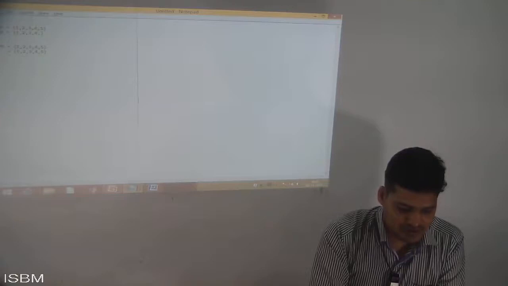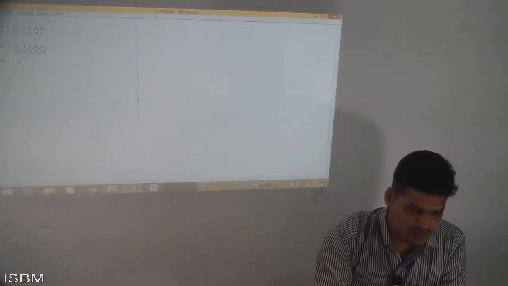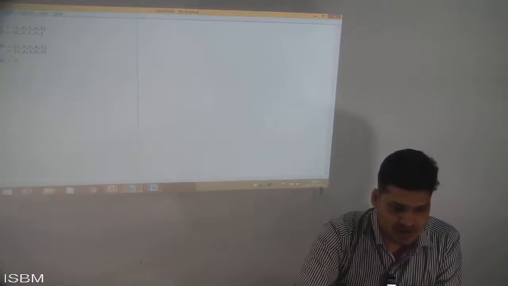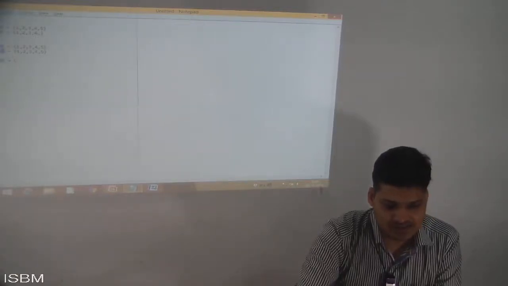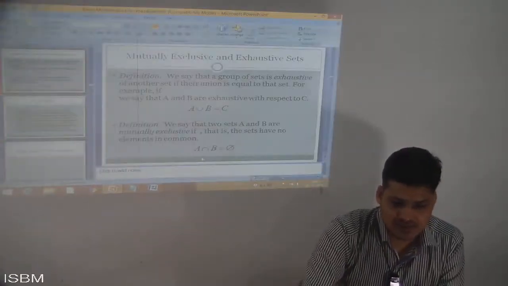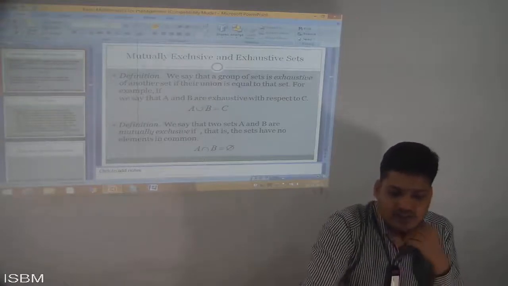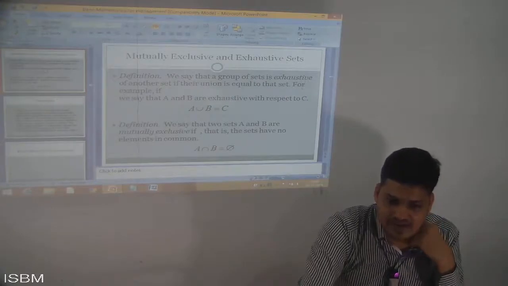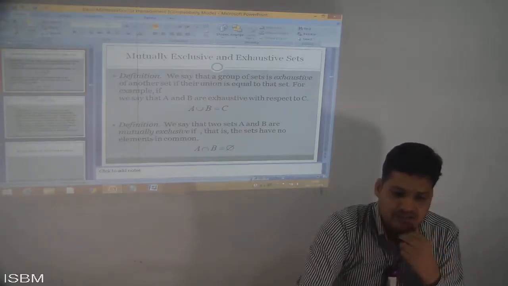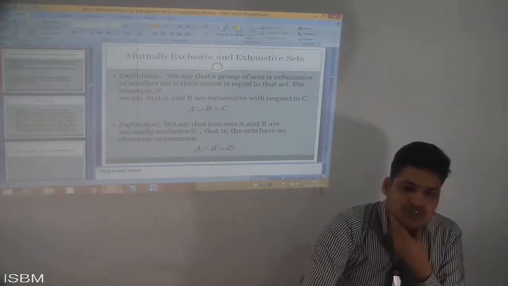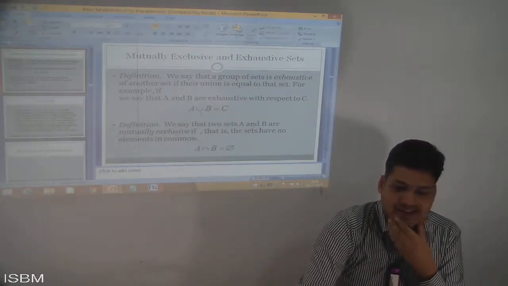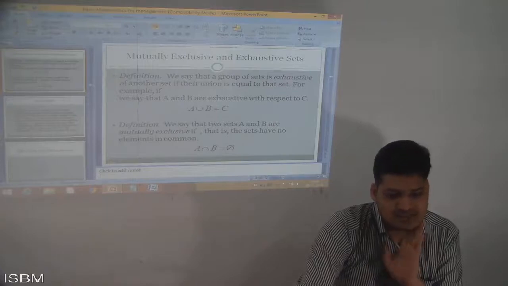So here I can say that A union B is equal to C, so A and B are exhaustive sets of set C. The same thing is written over here: we say that a group of sets is exhaustive to another if their union is equal to that set. For example, A and B are exhaustive with respect to C.